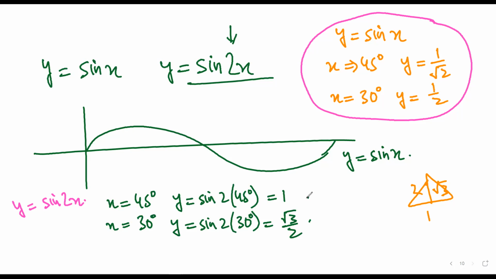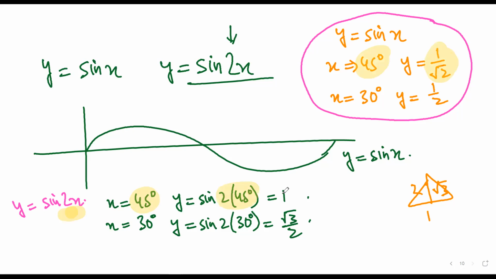Okay. Now, what I want you to focus on is, if x is equal to 45 degree, y is 1 by root 2. But in this function, when there is a 2x, when x is 45 degree, we have to take a sin of 90 degree.